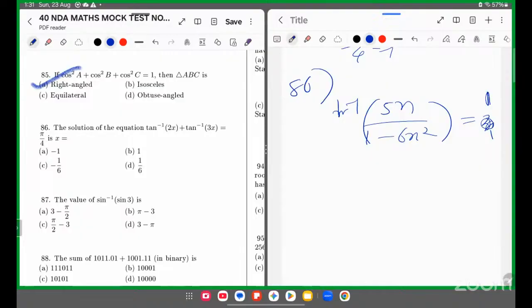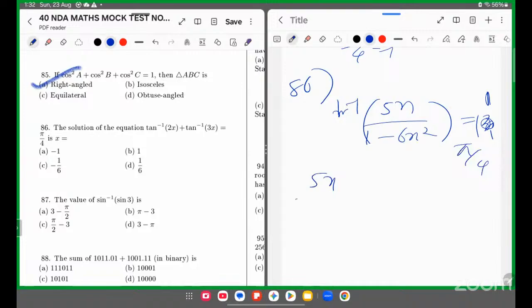But okay, correct, the question is correct only. Sorry for the mistake. So we can write this is equal to pi by 4.